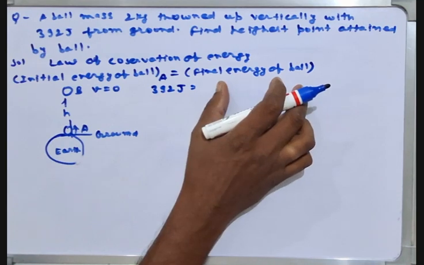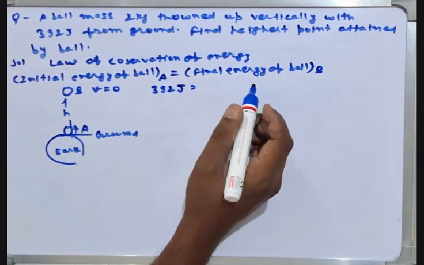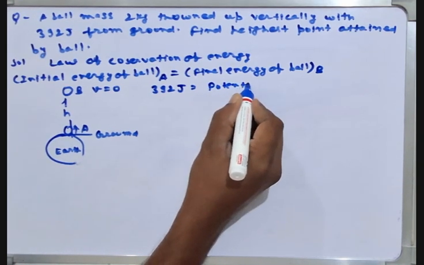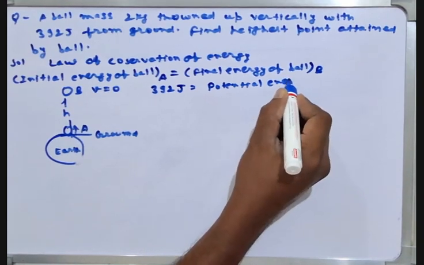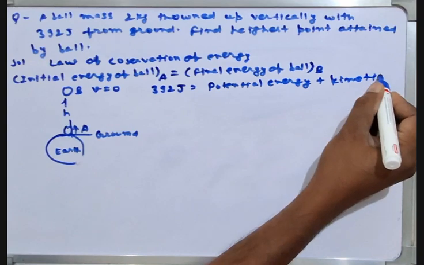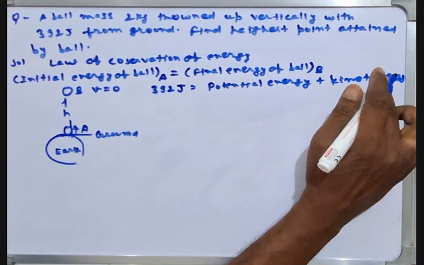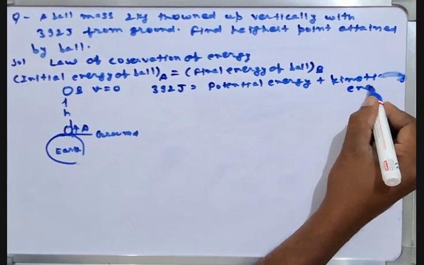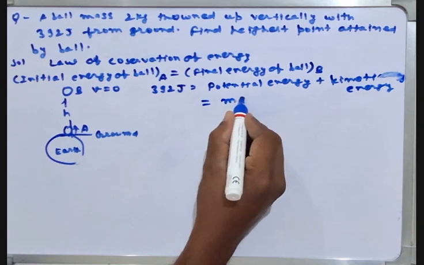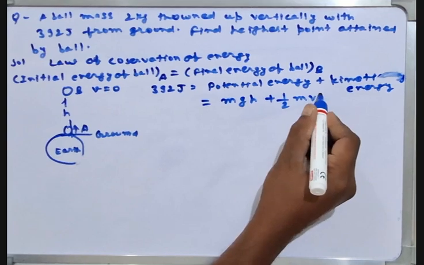Now the final energy of the ball at point B is equal to the sum of the potential energy plus kinetic energy, so mgh plus 1/2 mv square.